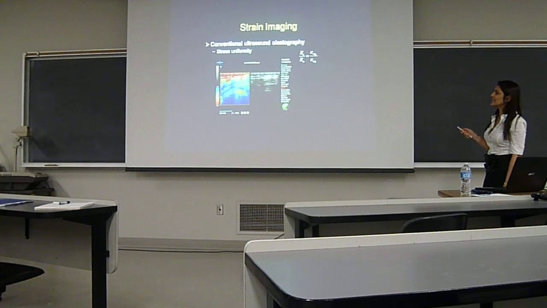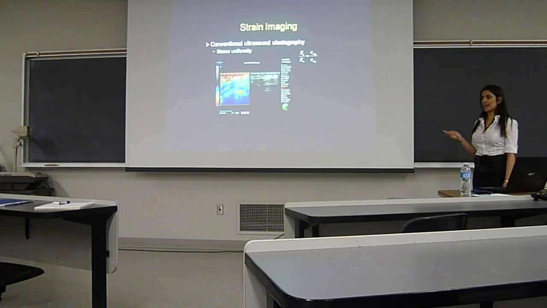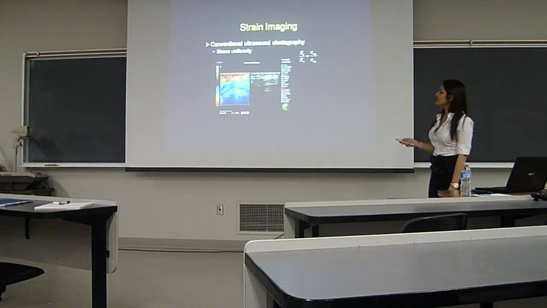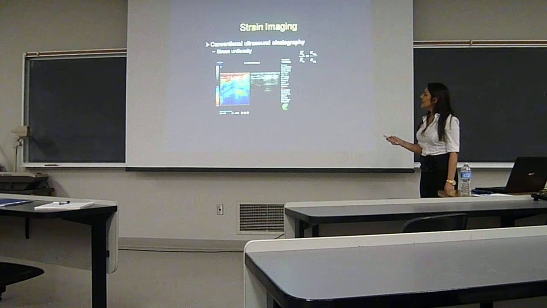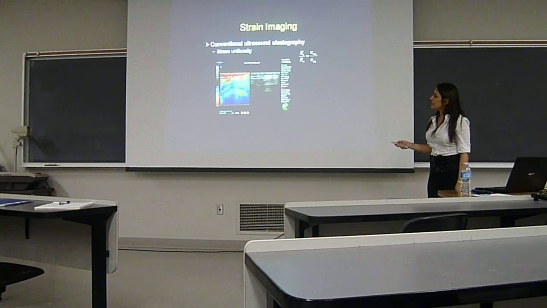As you can see here, this technique is not capable of imaging the absolute Young's modulus value. And this is a strain image, as you could see here. The red areas here correspond to the stiffer area.